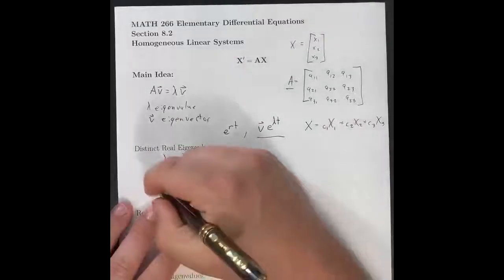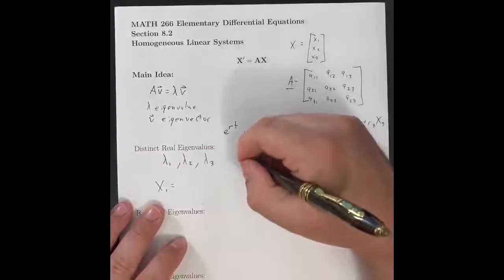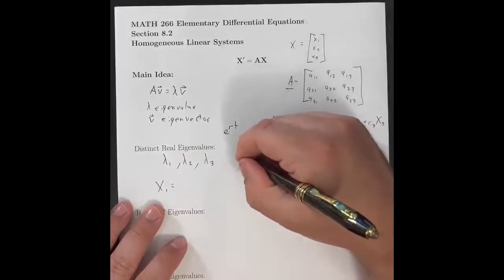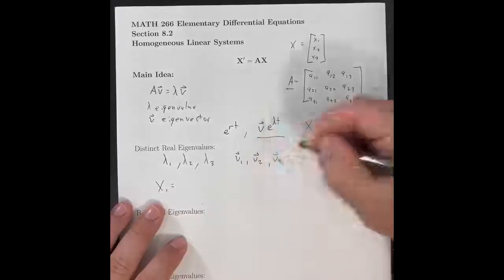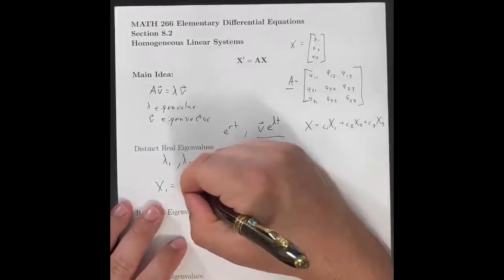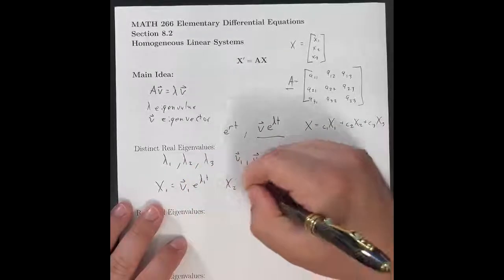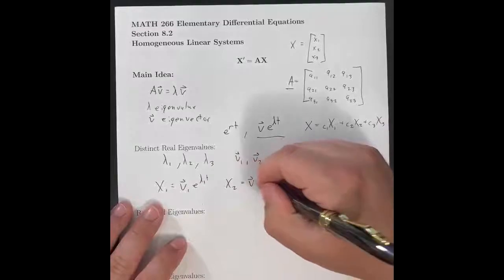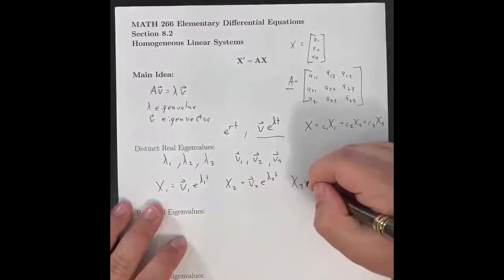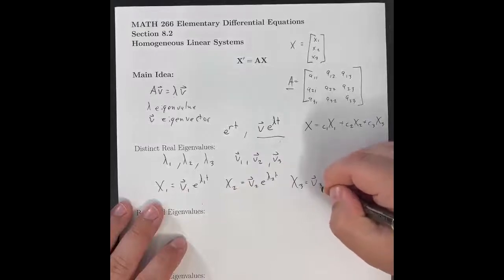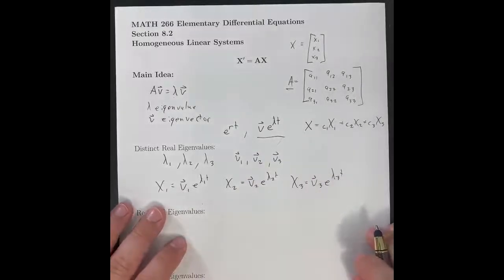Then the three solutions have corresponding eigenvectors v1, v2, v3. x1 will be v1 e to the lambda 1 t, x2 will be v2 e to the lambda 2 t, and x3 will be v3 e to the lambda 3 t.